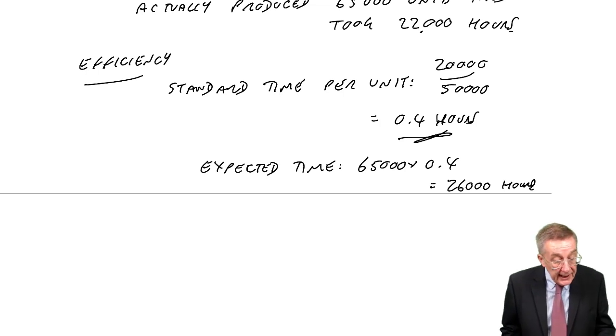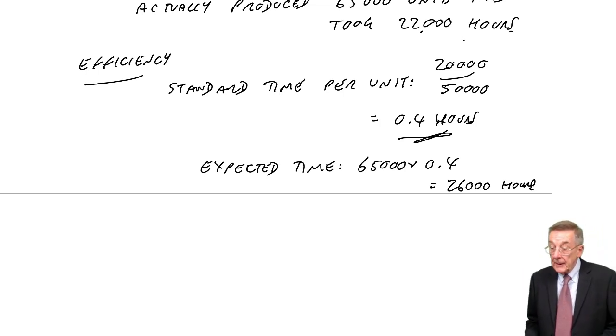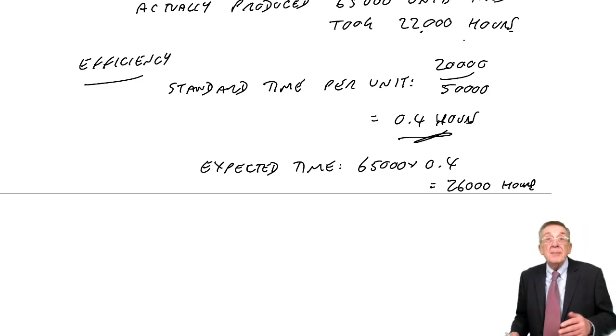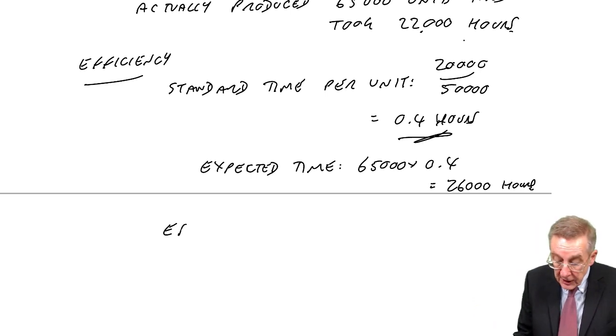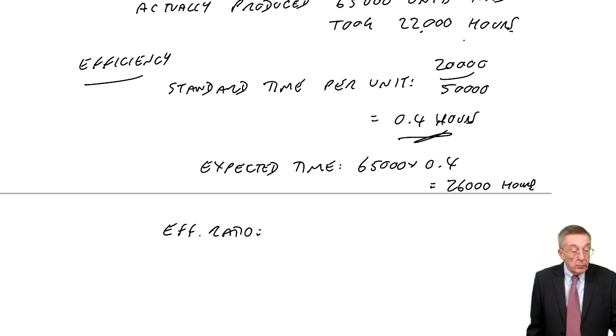How long did they actually take? They only took 22,000 hours. And so they've worked faster than we were expecting. They've been more efficient. It's good. And so the efficiency ratio, I'm not going to write the formula down, you've got it printed in front of you.